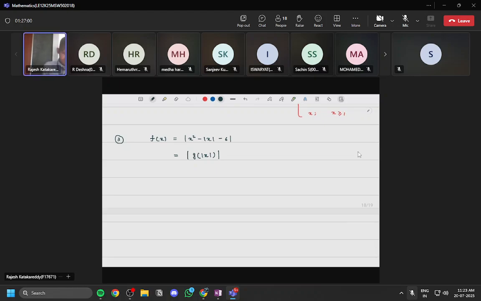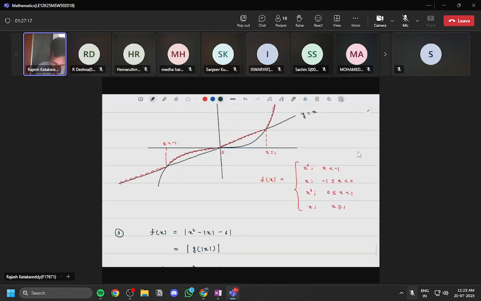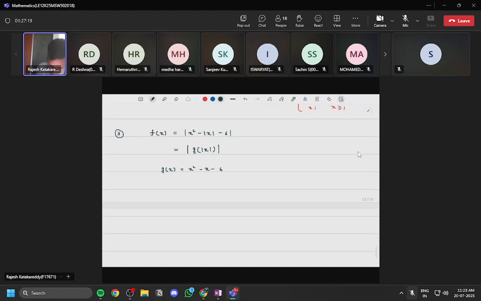Normally you just tell me how to draw g of x equals x square minus x minus 6. Two real roots. Roots are real and distinct, plus 3 and minus 2.